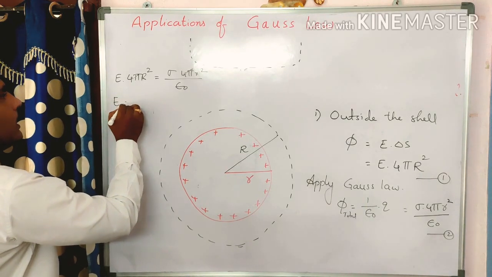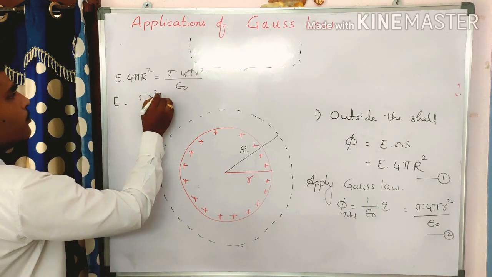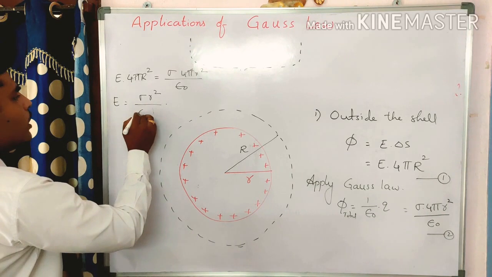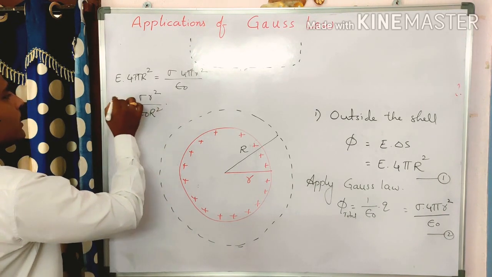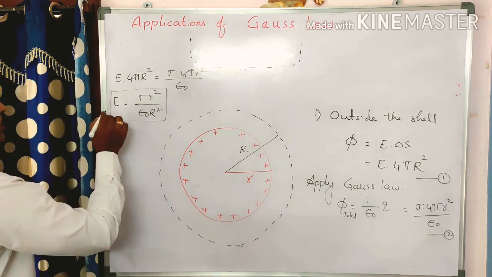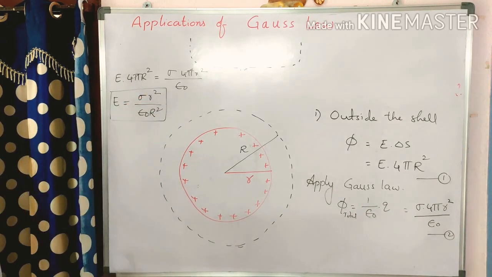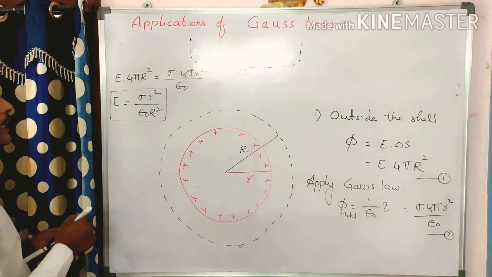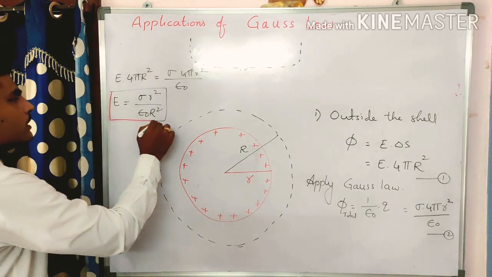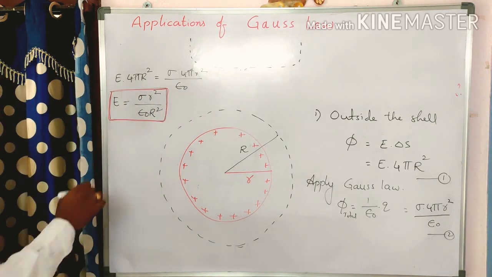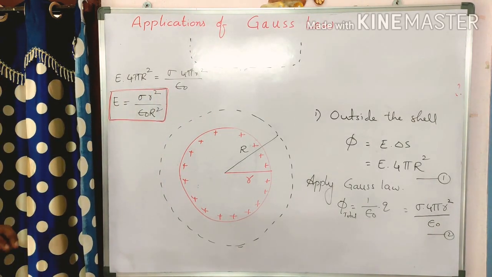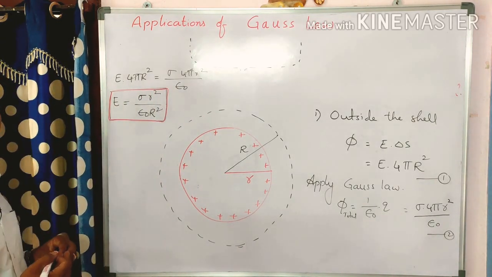So then what is E? E is sigma r square by epsilon naught r square. This is the electric field around the spherical shell, outside the shell.